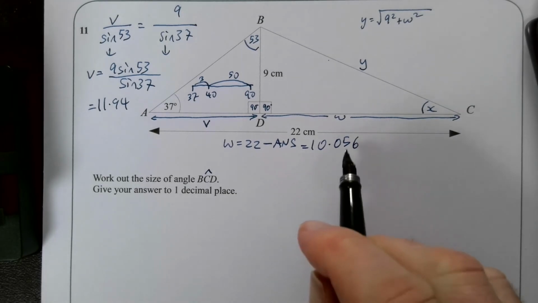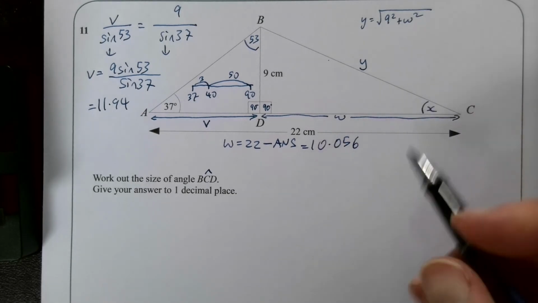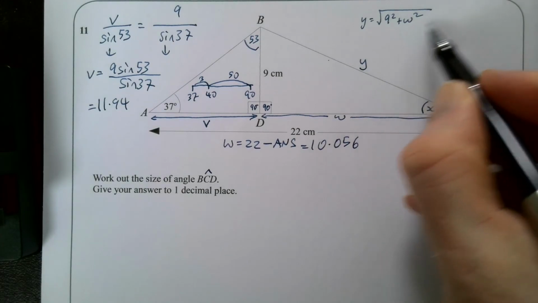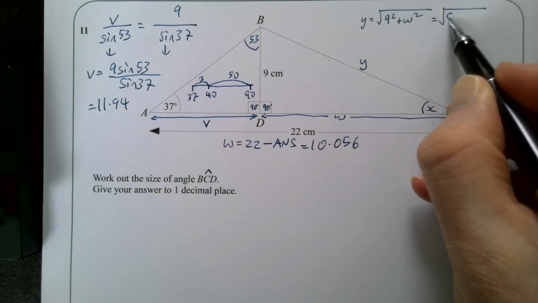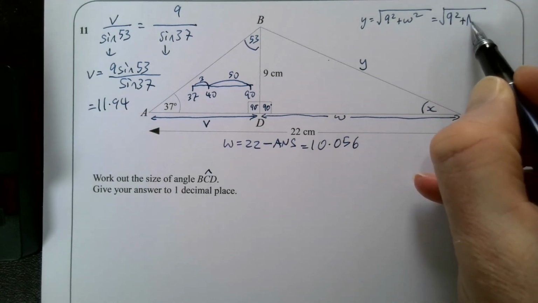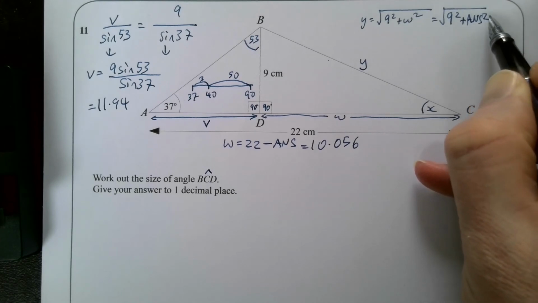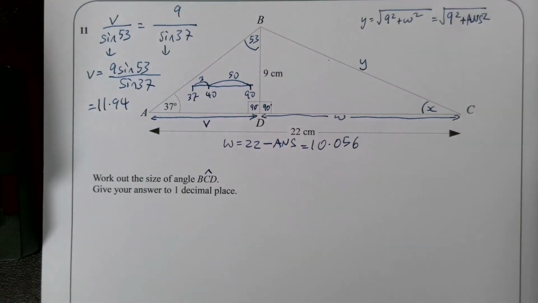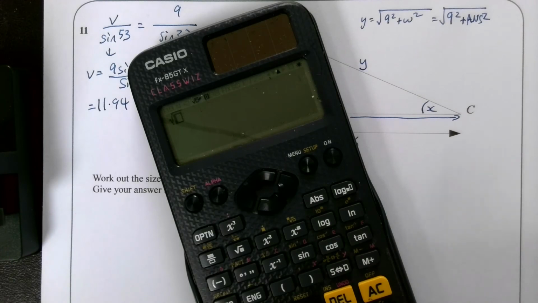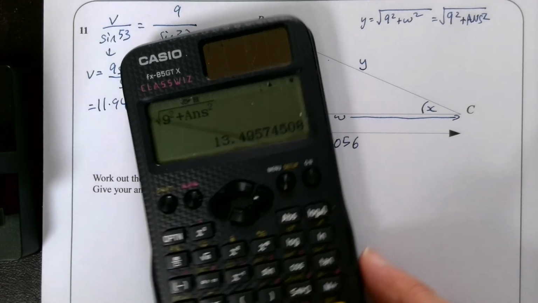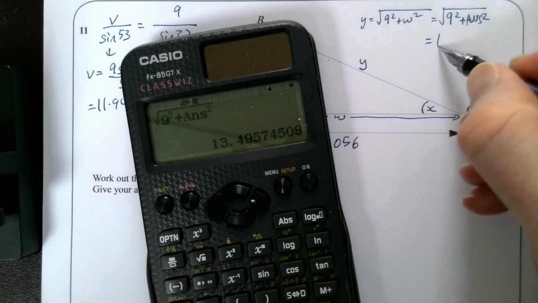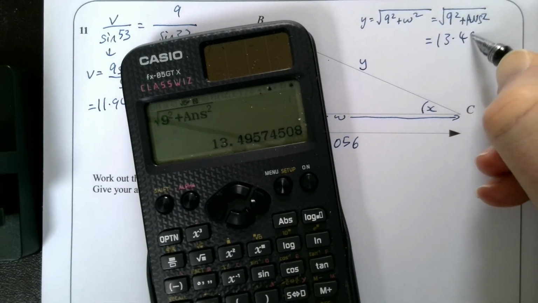But again, that is W, so I'm going to put in my calculator 9 squared plus answer squared, making sure I do the answer squared bit, and that gives me 13.496.